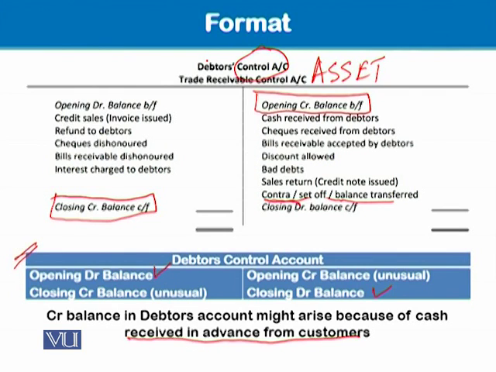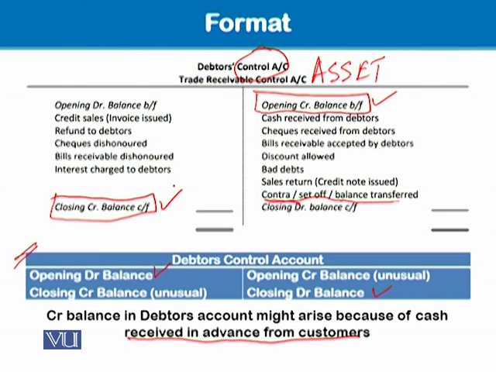We cannot push them out of this debtors' family, but we have to show that these are credit balances with us. So if in the beginning those were credit balances with us, that will appear in the credit side, and their credit balance on closing date will appear in the debit side.